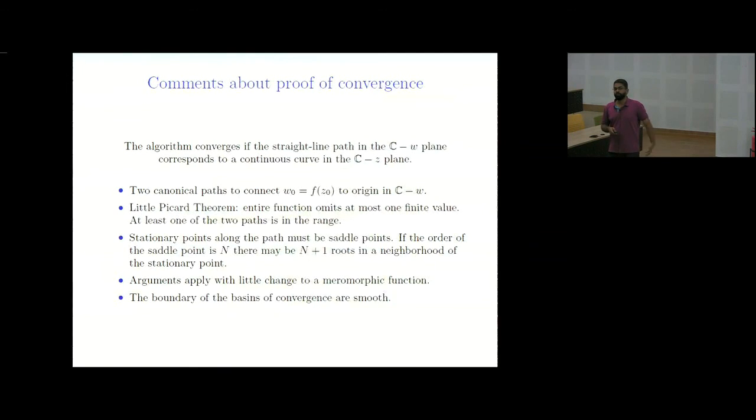The big benefit of this is basins of convergence. Domains of convergence are smooth. This is not the case for Newton's method. Newton's method has very rough boundaries. They have fractal sets for boundaries of the domains of convergence.